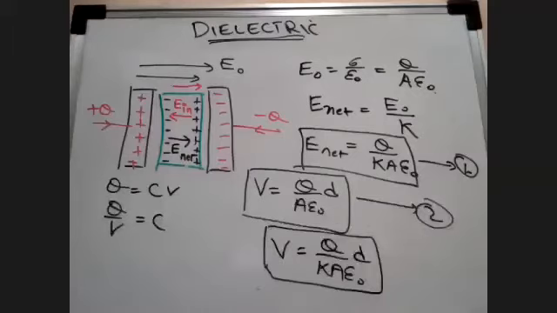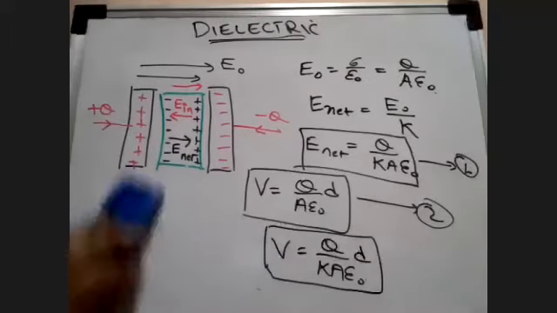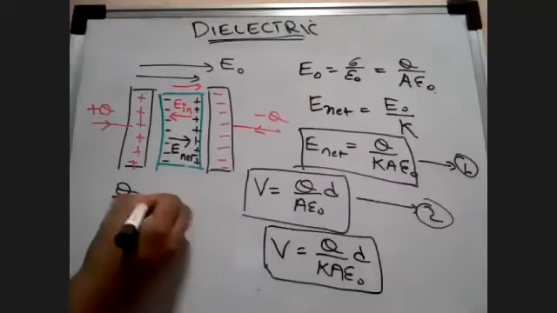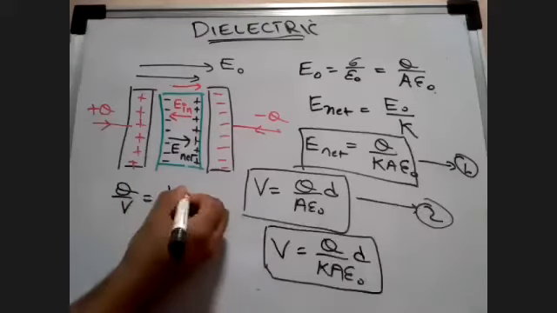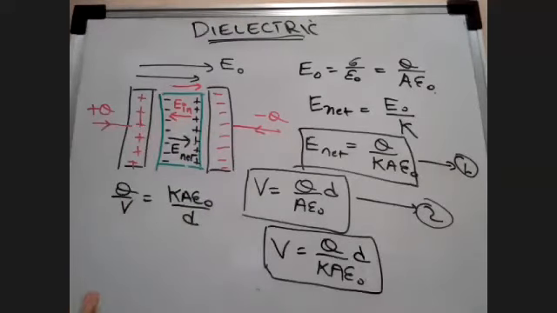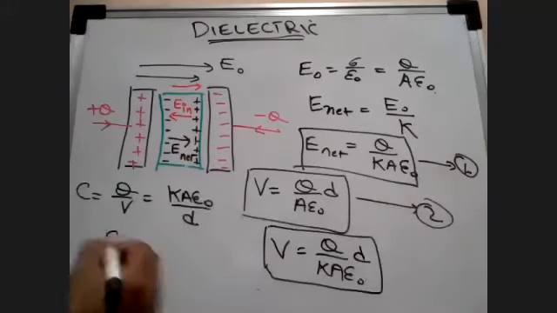So can we rearrange that expression? If we rearrange it, Q by V equals K A epsilon naught by d. And what is Q by V? Basically, it's your C, capacitance. Yes. Now look at this, it's amazing. C is equal to K A epsilon naught by d.